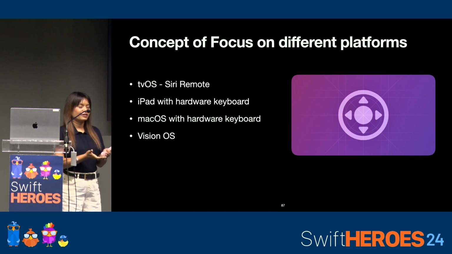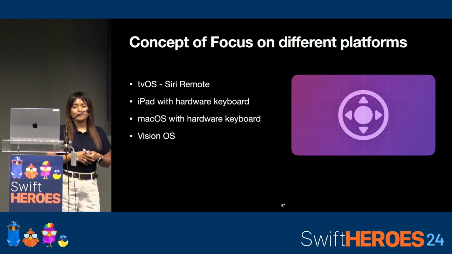But yeah, it's very relevant actually on iPad and macOS these days. Supporting keyboard navigation on your Mac app is a delight feature that you can provide your users. And all the APIs are common, so if you learn them, you can develop for whatever platform you want. VisionOS as well. I'm working on VisionOS these days, and the concept of focus is really relevant there because there's no pointer.